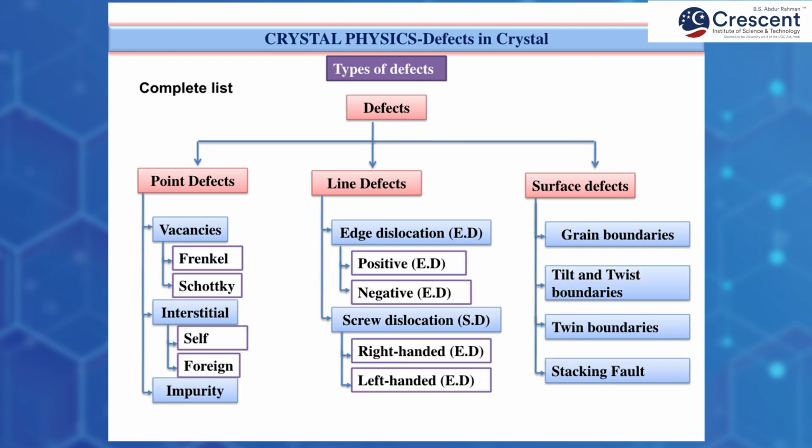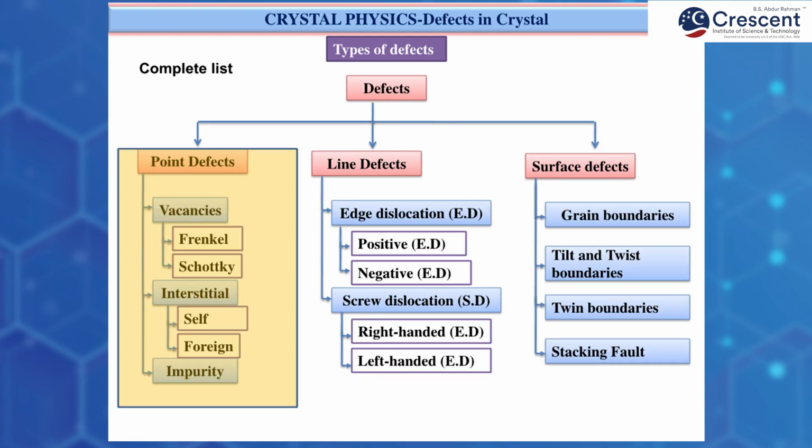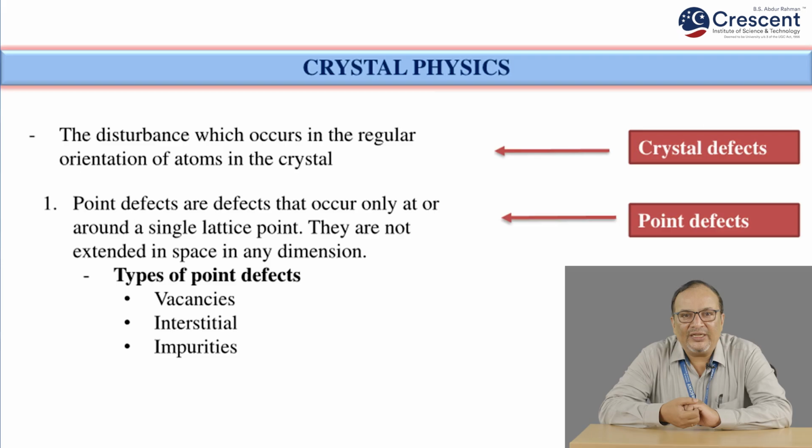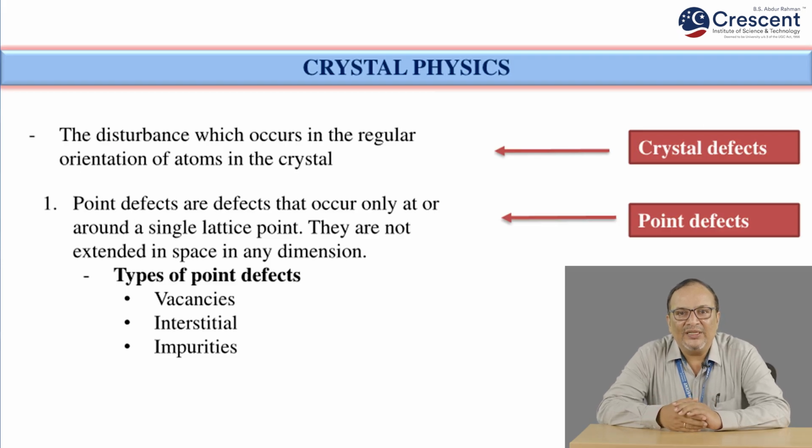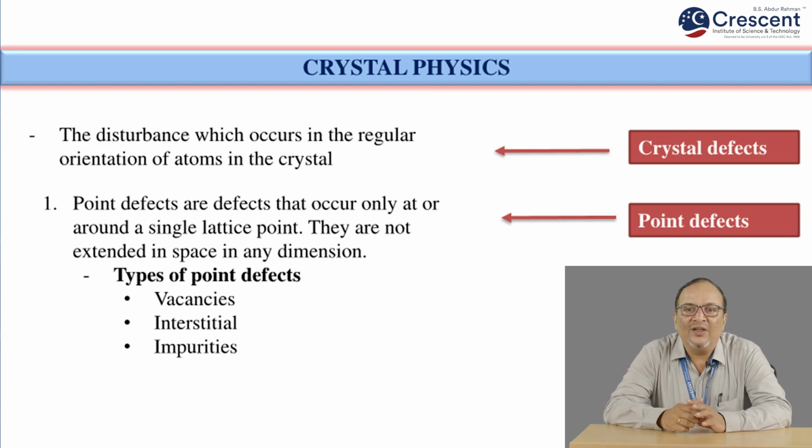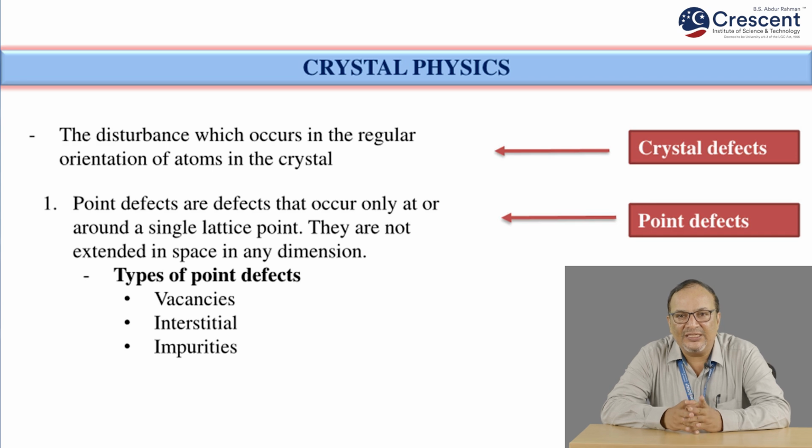Can you see the defects, various types of zero dimensional or point imperfections, line imperfections and surface imperfections. Can you see the crystal defect? There may be a missing atom in a regular orientation, or there are various types of point imperfections. As you know, a vacancy is a point imperfection, then interstitial defect and impurity defect, which we will see in detail.